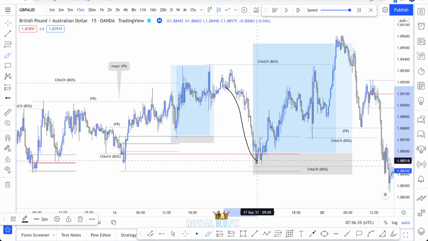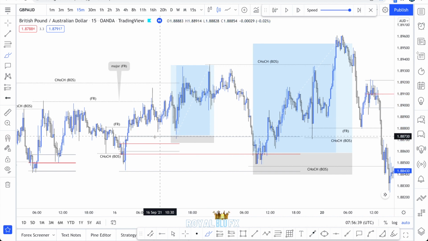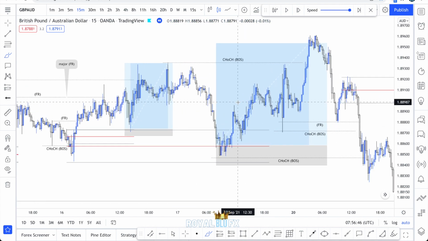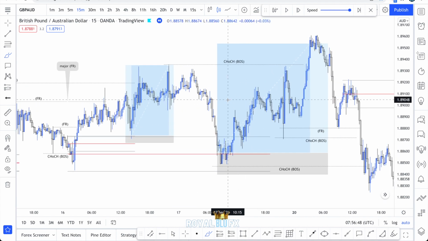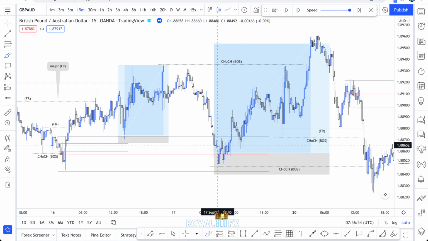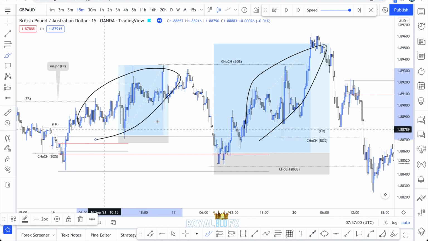We can see that this retracement was quite rapid and really fast compared to this retracement. They're two of the same things, meaning that this retracement is more aggressive compared to this one, although this retracement is more aggressive compared to this one.